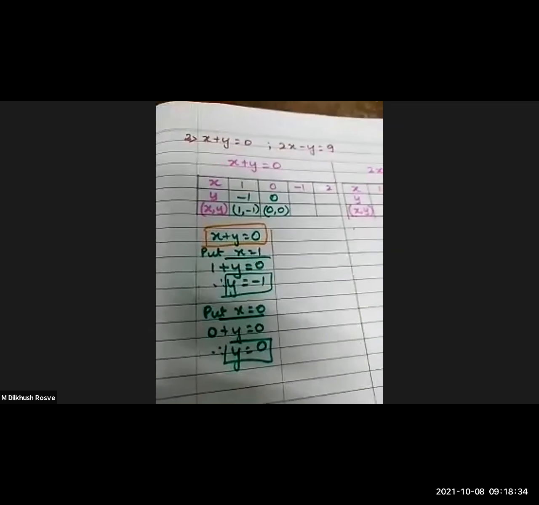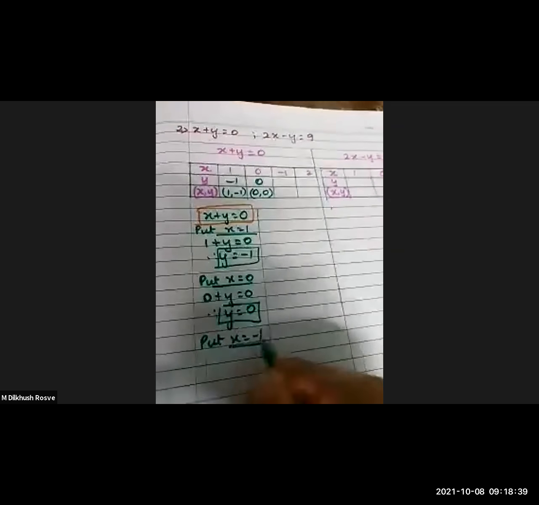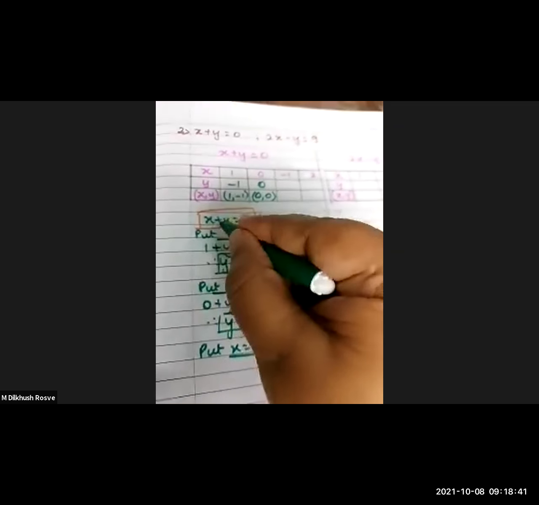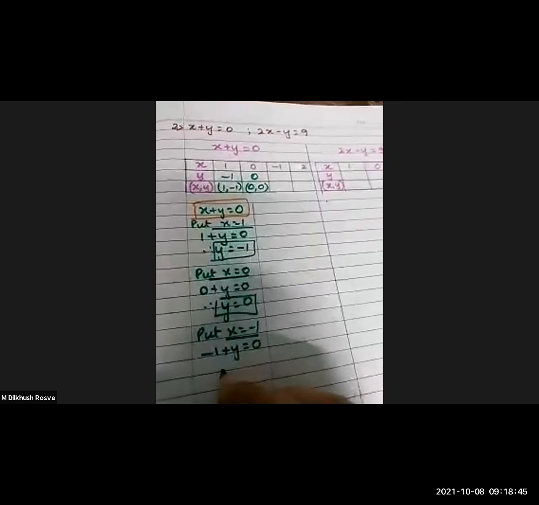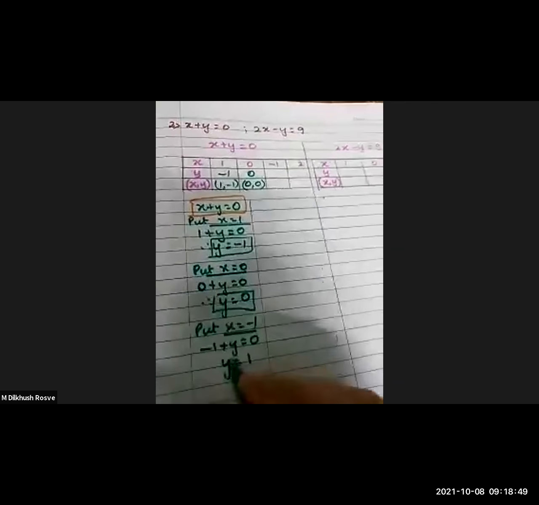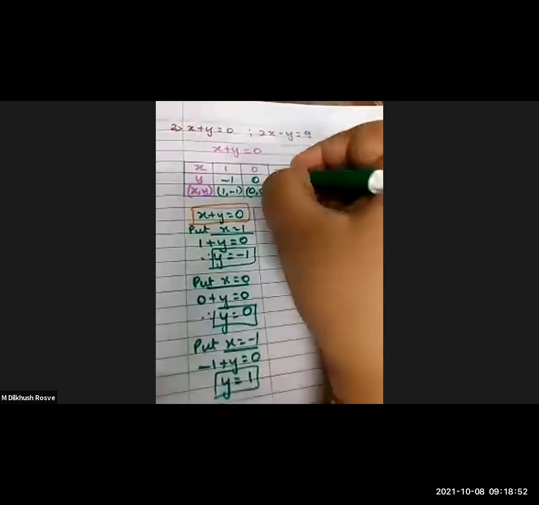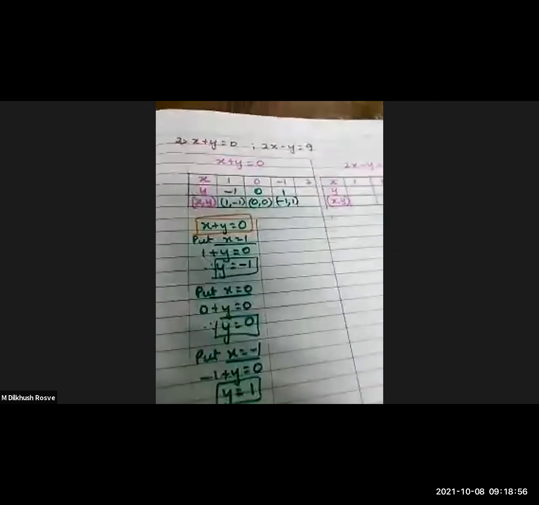Clear? Then put x equal to minus 1. Here, minus 1 plus y equal to 0. y equal to, this minus 1 comes this side, it becomes plus 1. So you write here plus 1, minus 1 comma 1. Clear, children?